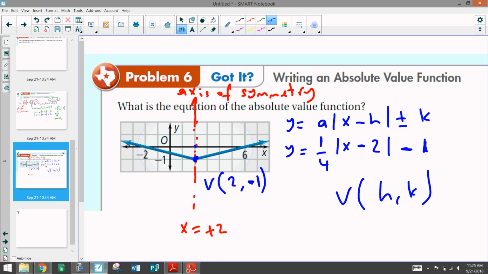If you don't see the graph, you can still know. What is h? In this case, h matches. Makes sense? H is 2. K is negative 1. It's plus or minus, because in this case it's minus. K is negative 1.